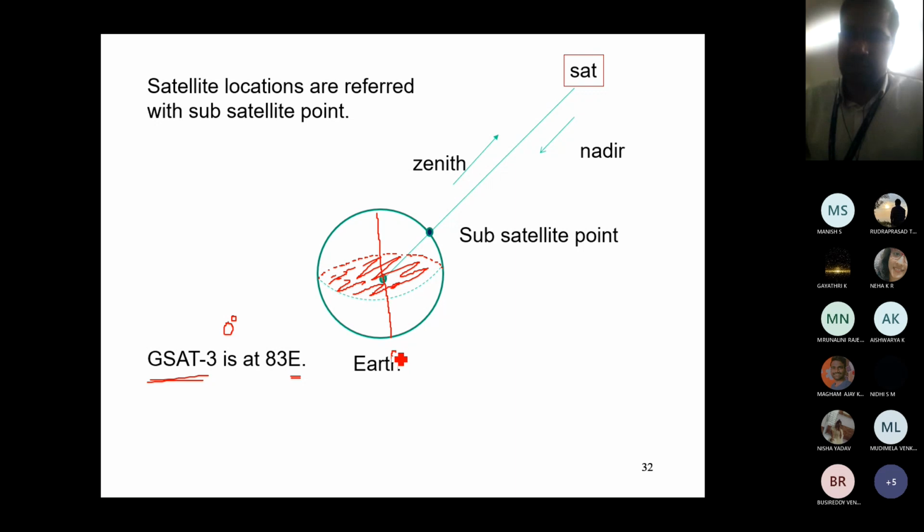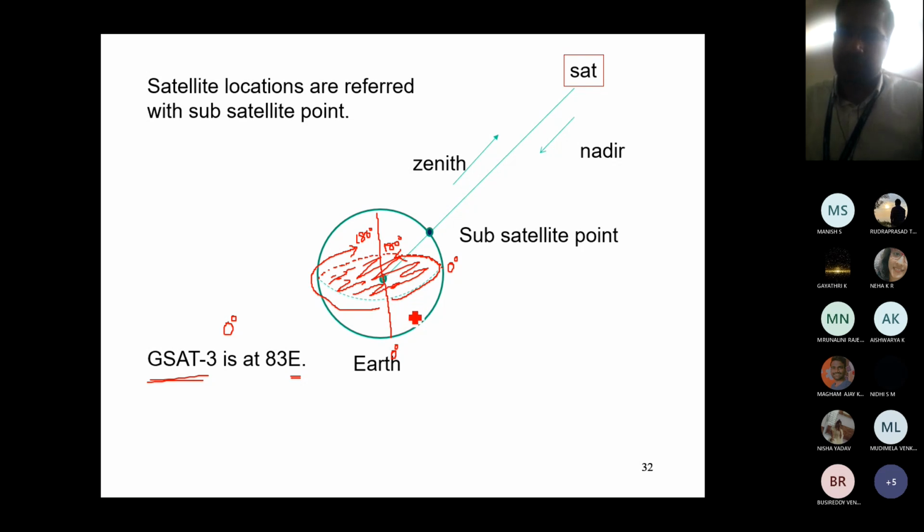That is the 0 degree longitude. This represents 0 degree latitude. And your longitude values will keep on increasing like this, and it will go to the backside, covering 180 degree. Similarly, on this side also it will go like this, up to 180 degree here. So the total will be 360 degree.